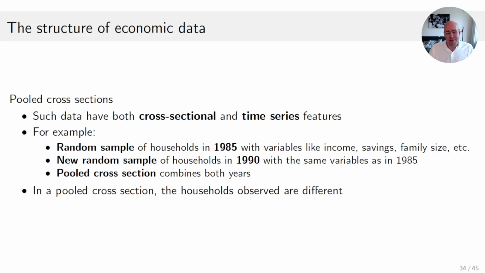For instance, you have a random sample of households in 1985 with variables like income, savings, family size, etc. And then you have a new random sample of other households in 1990 with the same variables as in 1985. You get multiple cross sections over time.